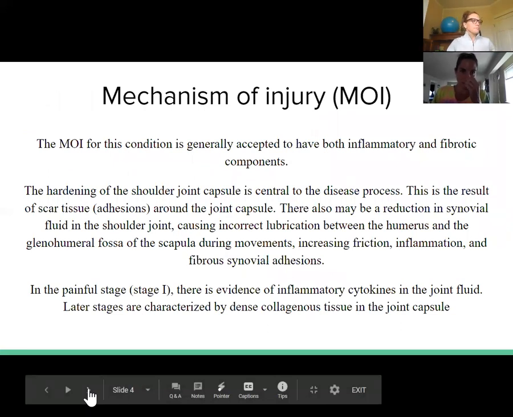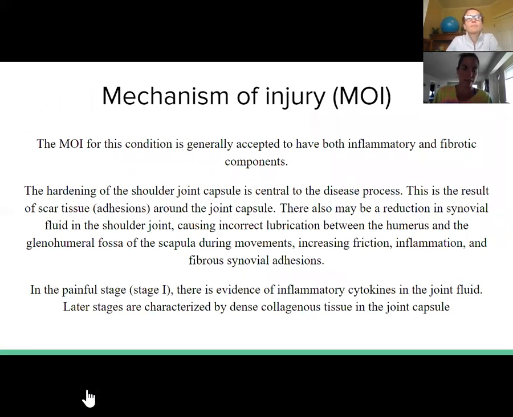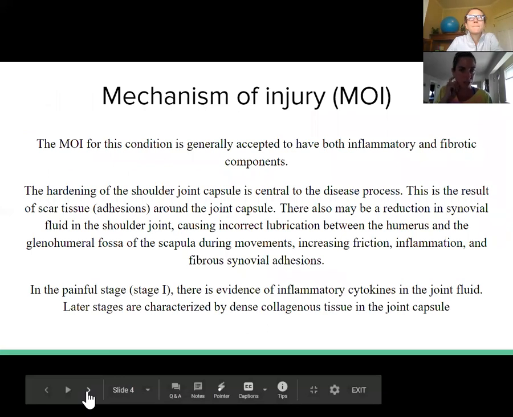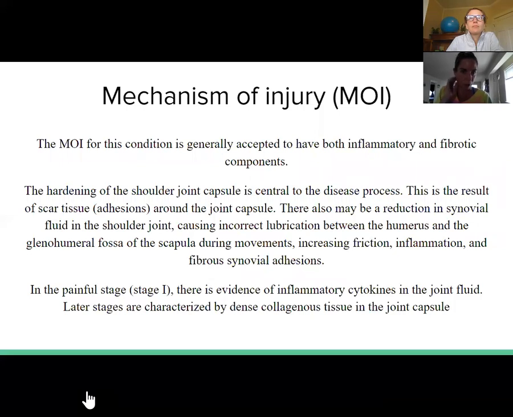Mechanism of injury. This condition is generally accepted to have both inflammatory and fibrotic components.